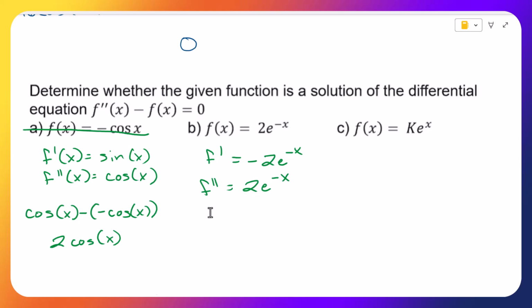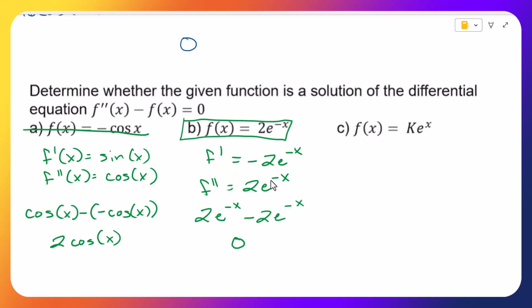So negative 2, then positive 2. Then substituting this in, we get 2e to the negative x minus 2e to the negative x. F double prime, that's this one, minus f, that's this one. That gives us 0. So this one is a solution. This one is good, so I'm going to put a box around it.